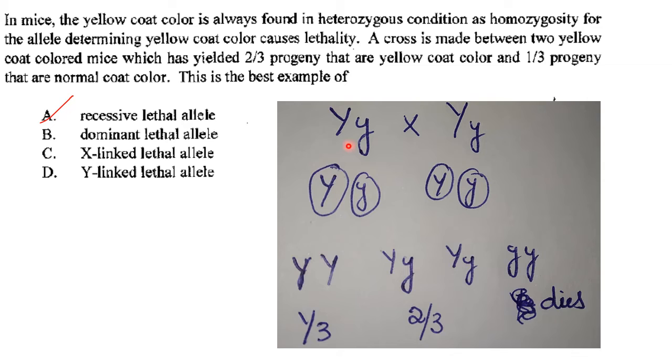So here it will be a recessive lethal, because if it were dominant lethal, then the heterozygous offspring as well as the homozygous offspring with the dominant gene would die out. So you would not get this particular ratio, that is 1/3 and 2/3. So it is a recessive lethal allele. So this is the heterozygous condition, and both are crossed. These are the gametes. These are the offspring, of which small y will die out. So the answer here is option A, recessive lethal allele.